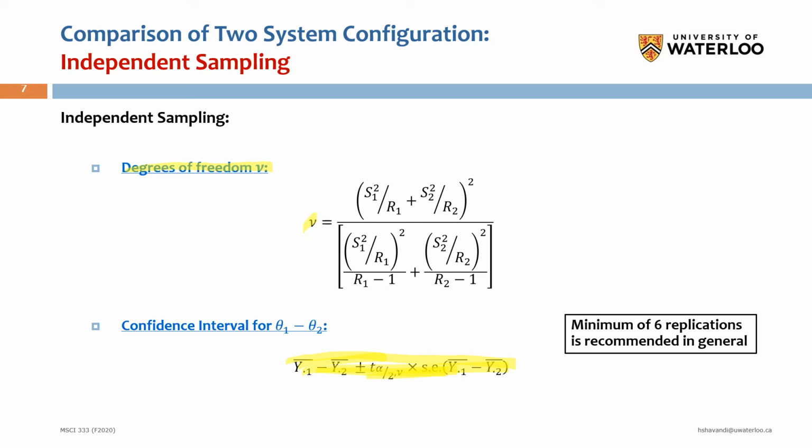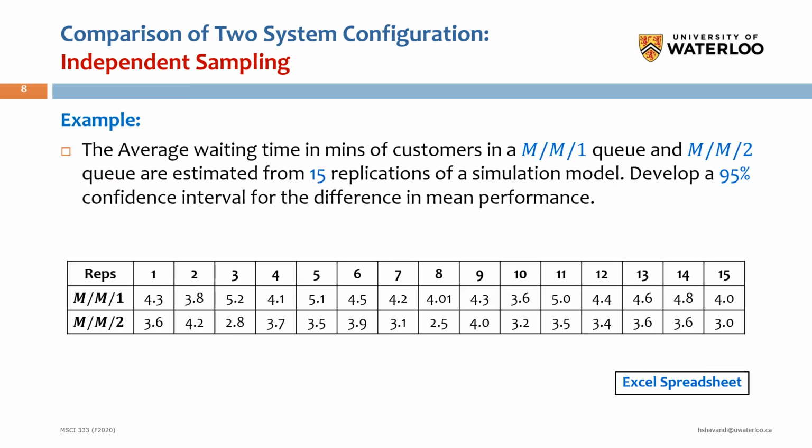Here we have an example. The average waiting times in minutes of customers in an M/M/1 queue and an M/M/2 queue are estimated from 15 replications. We want to develop a 95% confidence interval based on the data that we have here for 15 replications for the two system settings.